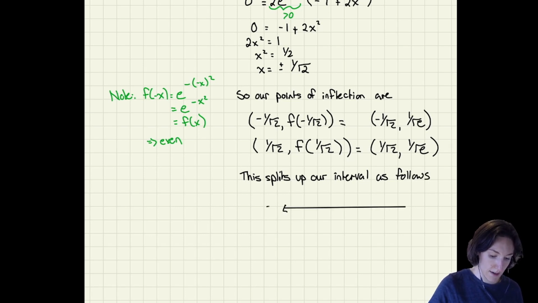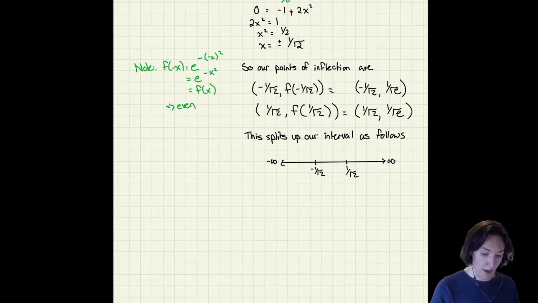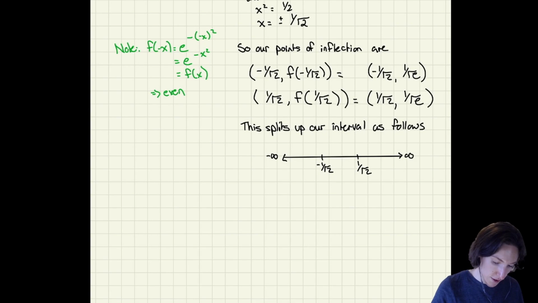Okay, we got negative infinity, we got positive infinity, and then I'm going to get this 1 over root 2, and then this negative 1 over root 2. Okay, so now we're going to make our chart. Now, check concavity.